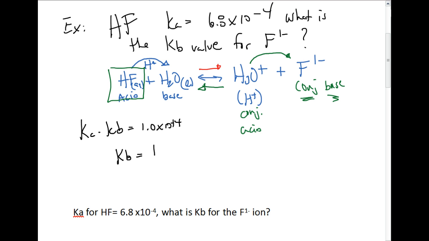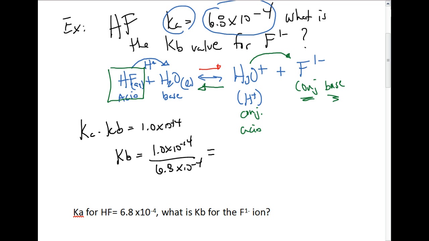Kb is equal to 1.0 times 10 to the negative 14th over 6.8 times 10 to the negative 4th, which I get from the problem because they told me that was Ka. We run that through our calculators, and we should get an answer equal to 1.5 times 10 to the negative 11th.